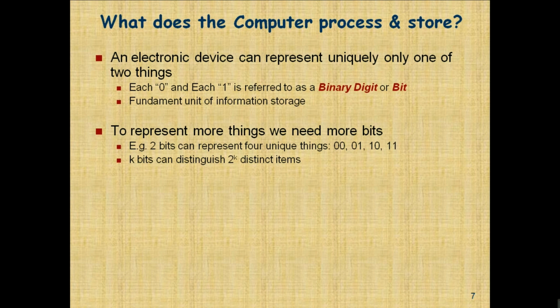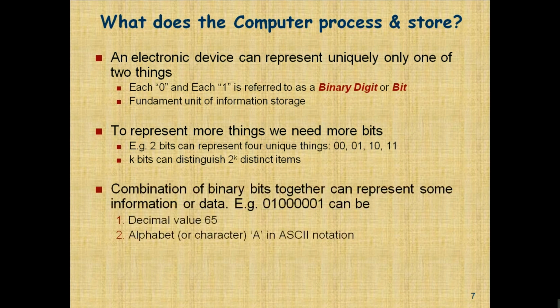How is it possible? If we have k bits, they can distinguish 2 power k distinct items. This is the formula you have to remember. So a combination of binary bits together can represent some information or data. For example, 1, 5 zeros and 1 can be a decimal value of 65.